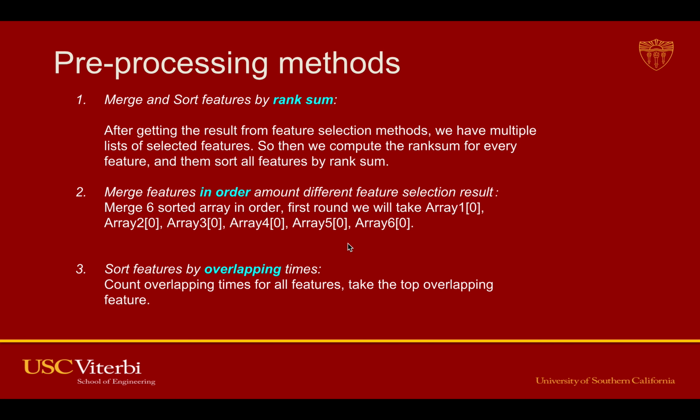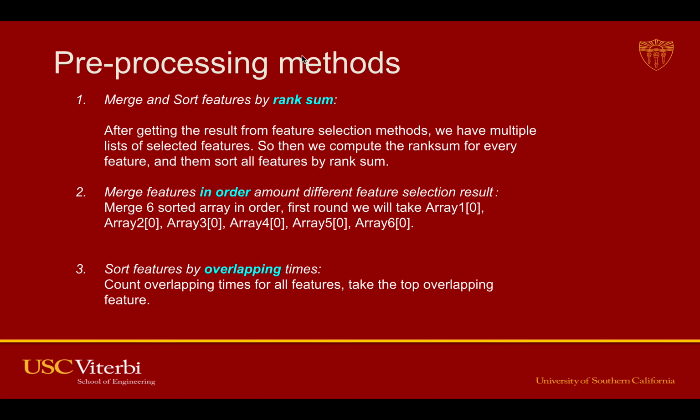We also have three types of preprocessing methods. One is to merge and sort features by rank sum. The second is to merge the 6 sorted arrays, which are the 6 result features from the 6 different feature selection methods, in order. The third is to sort features by overlapping types.